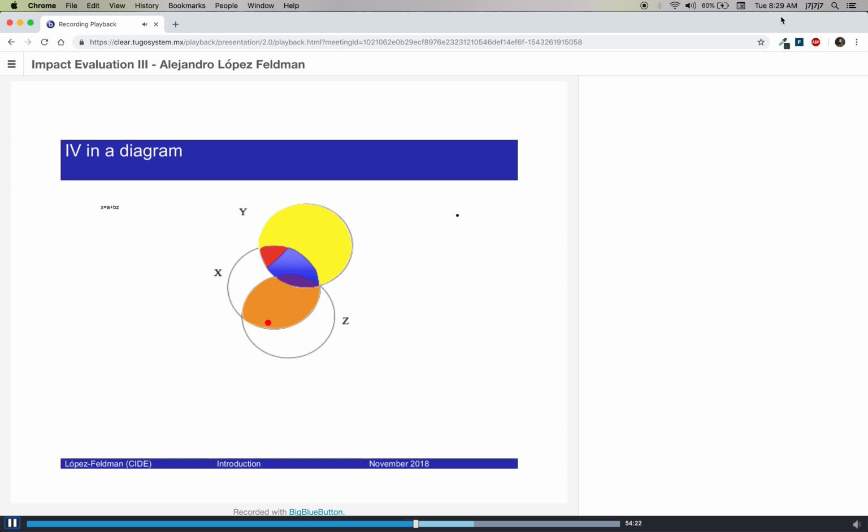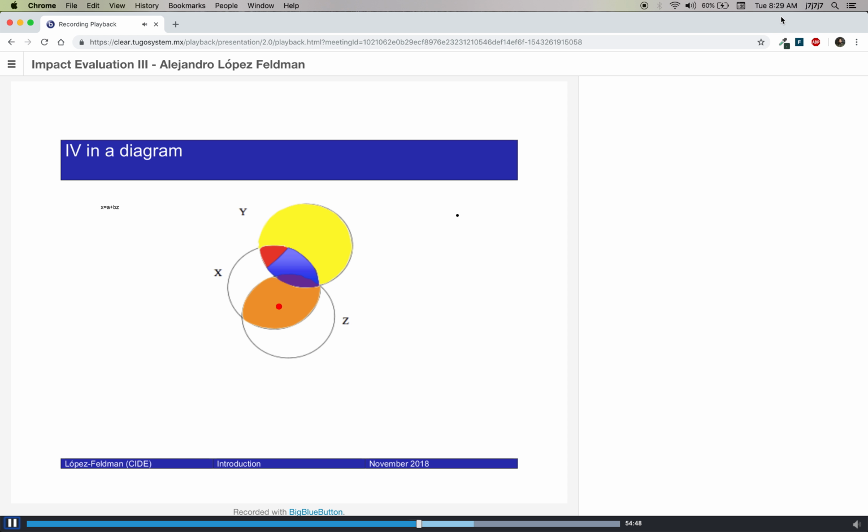So what part of x can be explained by z? Well, only the common area, the orange area, and everything that is outside, the blue and the red area, are not related to z. But if I only use z to explain x, then the part of x that I'm going to be able to explain is this purple and orange part. So I really hope that this is clear for you.